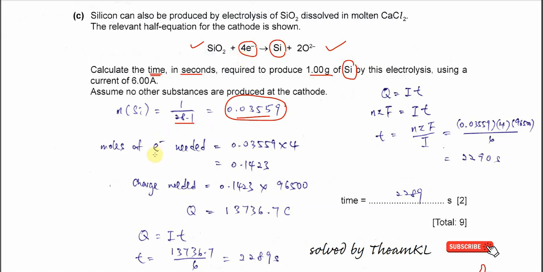Therefore, the number of moles of electrons needed to form this mole is 4 times. So you use the moles of silicon times 4. That's the total moles of electrons needed, which is 0.1423.